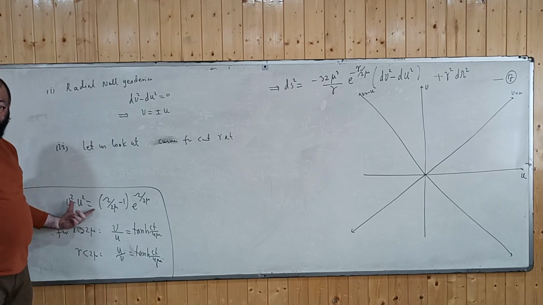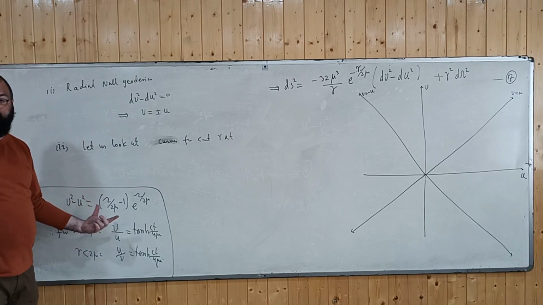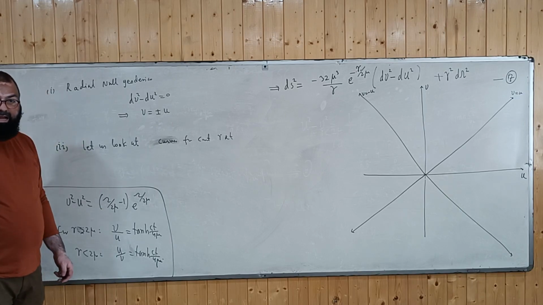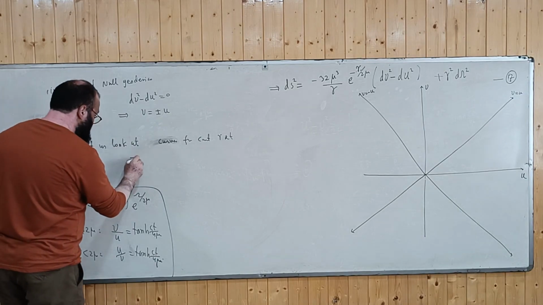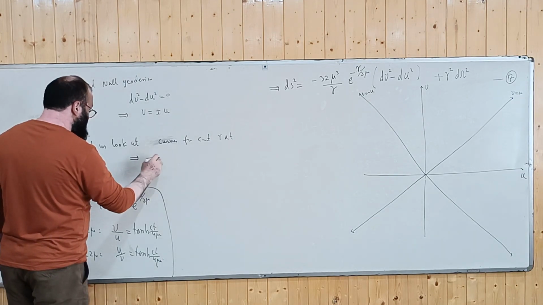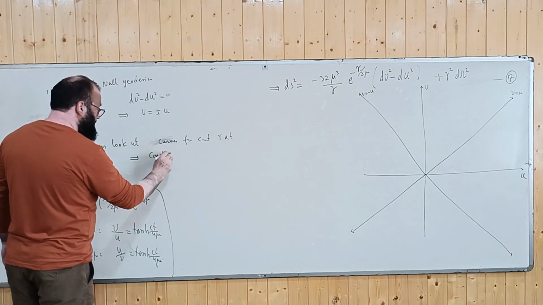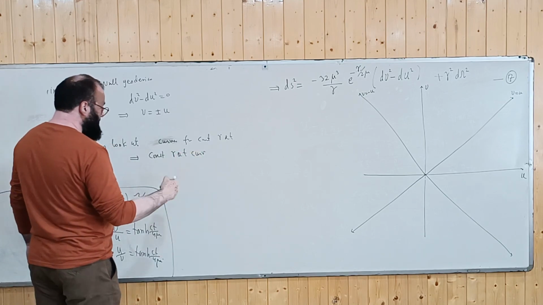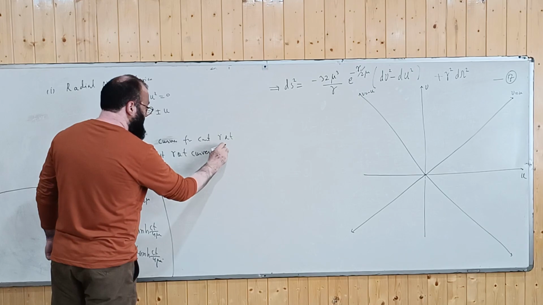So how does it look then? It's a hyperbola. So at that point the trajectory will always be a hyperbola. So we have these constant R and T curves.